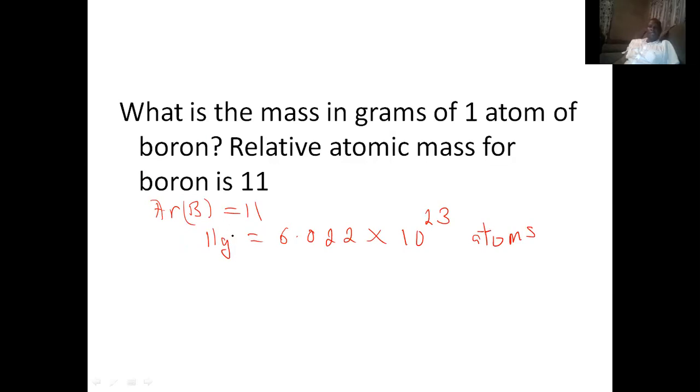And the question is asking us, what about if there is only one atom?